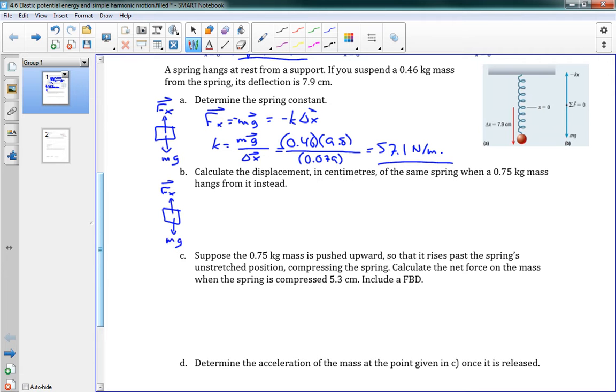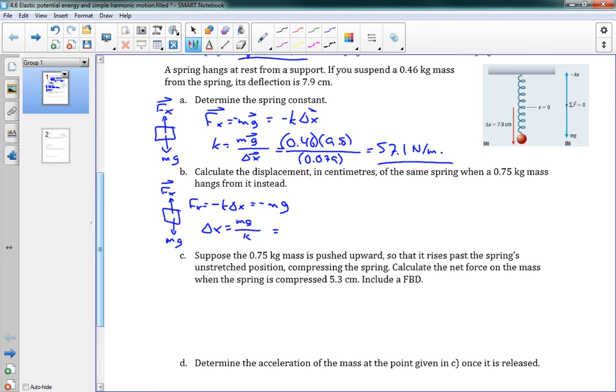They're going to be balanced again. So we can say, again, negative k delta x, this is our Fx. We'll say Fx is equal to this, and it's equal to negative mg. Okay, we want to find the displacement, so we'll rearrange for displacement. Delta x is equal to mg over k in this case.